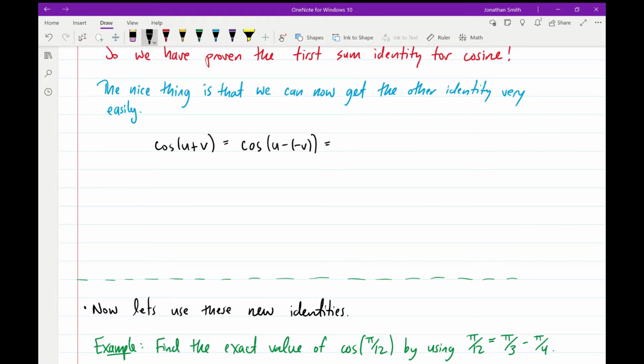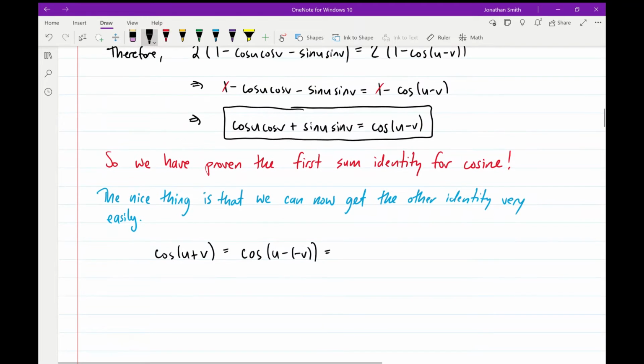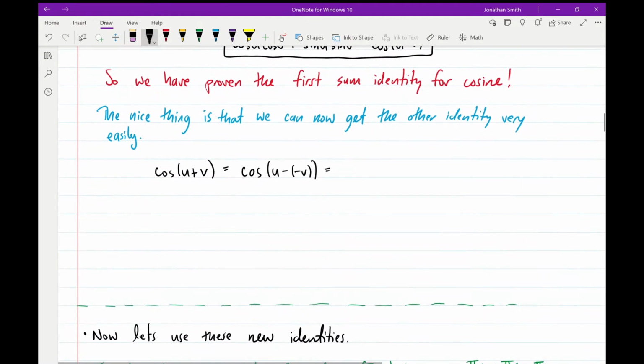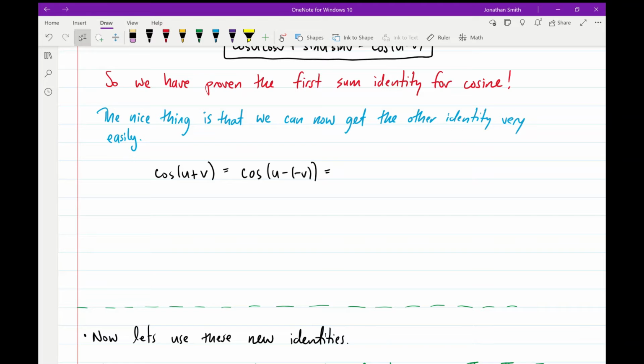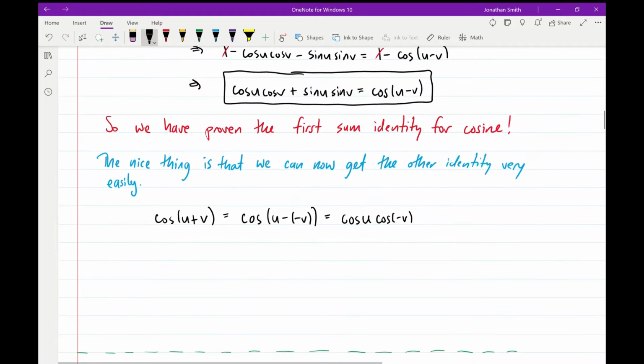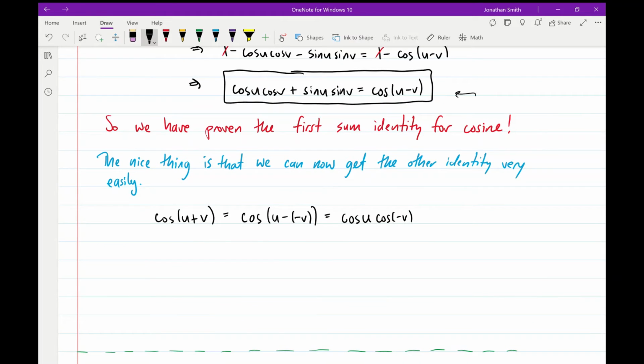And now let's use the formula that we just developed, because now I have something in the form u minus something else. Okay, so this is going to give me a cosine of u times a cosine of minus v, using this formula up here, plus a sine u times a sine of minus v.